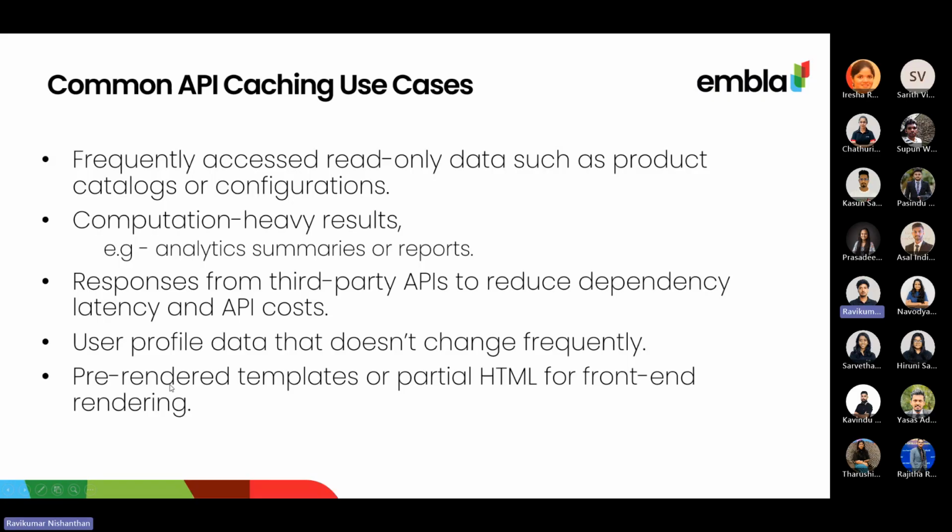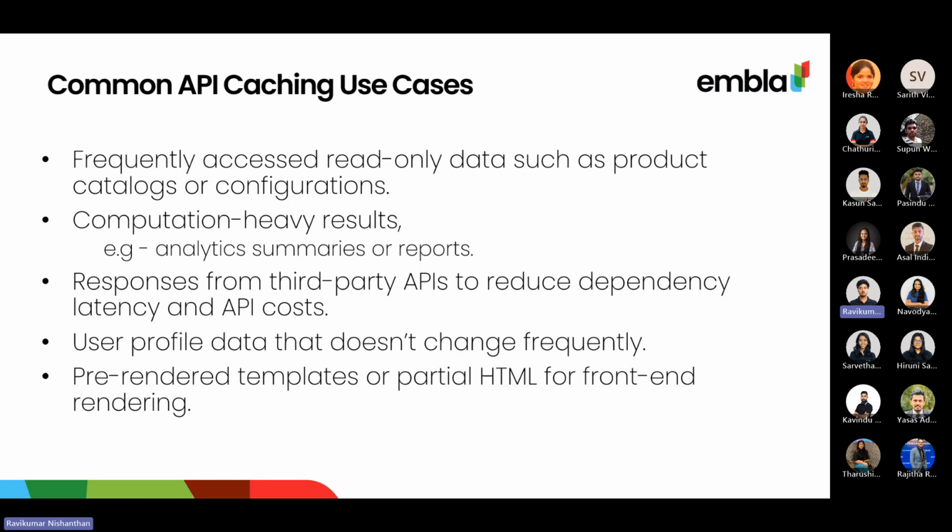Now that we know what caching is and how hits and misses work, let's look at some real situations where caching is really used on the API side. So first is frequently accessed read-only data. Things like product catalog or application configuration settings. These actually don't change very often.